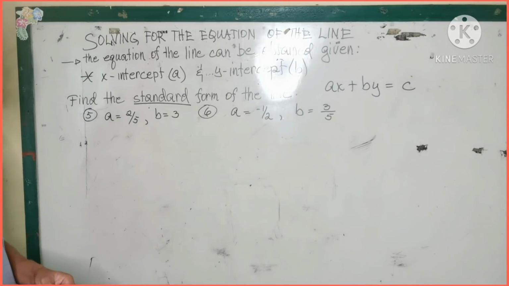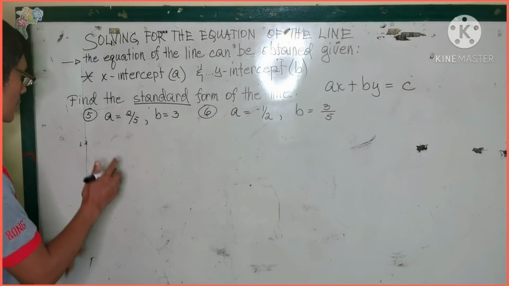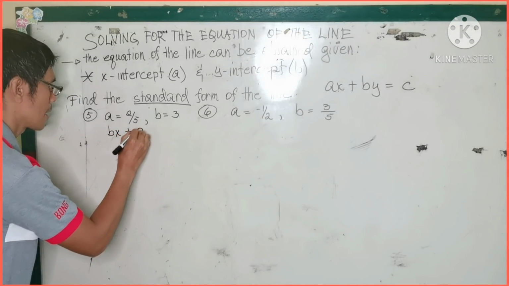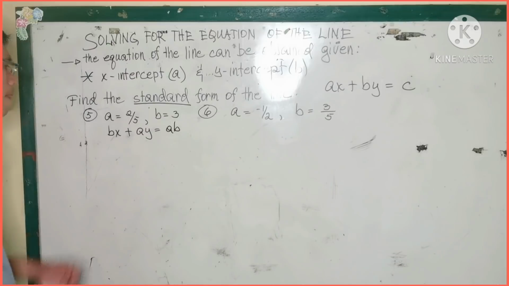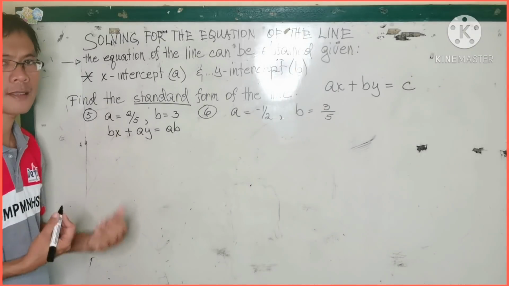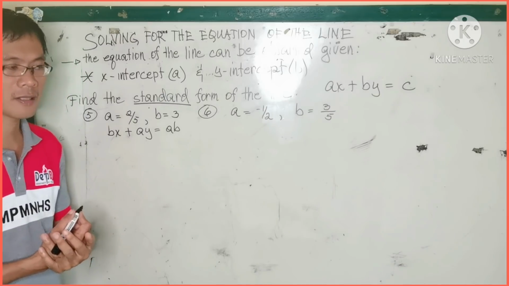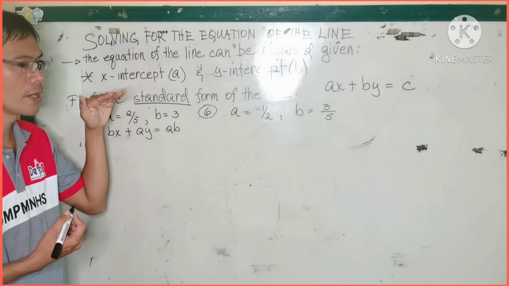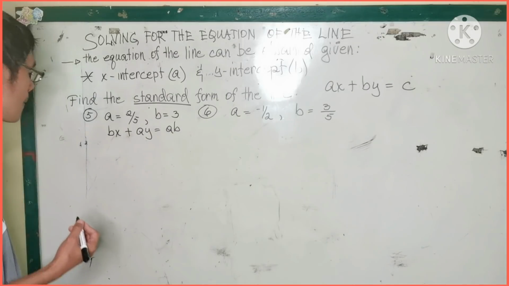Again, we have to make use of the intercept form, bx plus ay equals ab. Of course, same process, no problem. The process and the steps are the same. The only difference is that you manipulate fractions instead of integers.